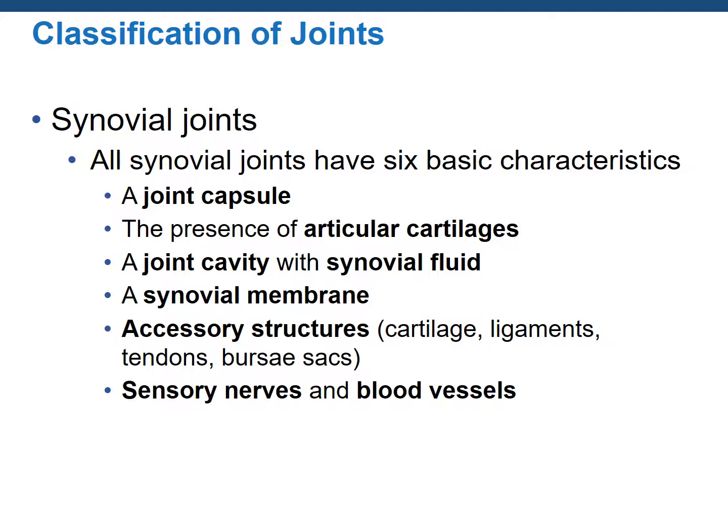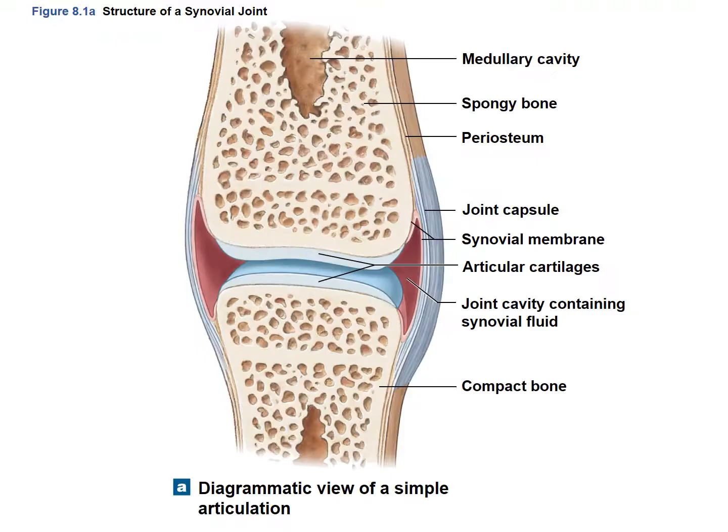There's a joint cavity that is filled with synovial fluid. The synovial fluid itself allows for the movement of bones next to each other, again helping with friction. Then there's a synovial membrane where the synovial fluid is produced. Finally, there are accessory structures as well as sensory nerves and blood vessels. The accessory structures consist of different cartilage, ligaments, tendons, and bursa sacs.